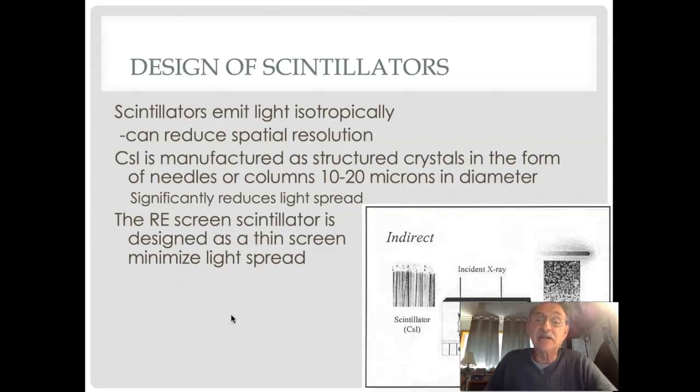So as a result, the cesium iodide has much, much better spatial resolution. The downside of it, as I said, is that these individual needles are somewhat delicate, somewhat fragile. The rare earth screen detect scintillator is designed as a thin screen, and that's designed to minimize this light spread.